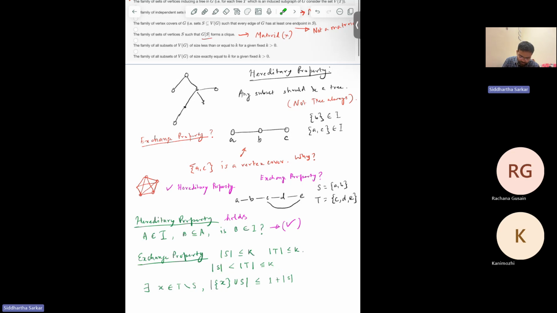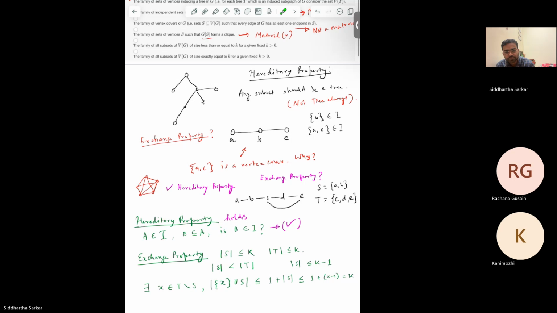So from these two things, I can write that the number of elements in S is at most k minus 1, and therefore this quantity is at most k. So it is possible to merge one element from T which is not in S with S such that the union has size at most k, and therefore the exchange property is also holding true.